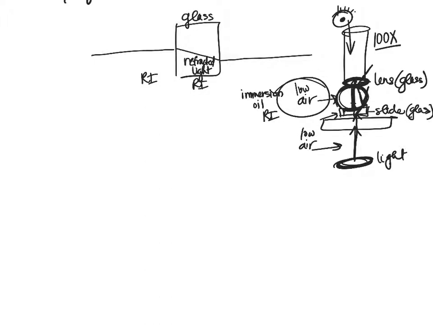So we have less refracted light going between the glass slide, the oil, and the glass lens. We lose less of that light and less of that image, because the oil decreases the differences in those refractive indices.